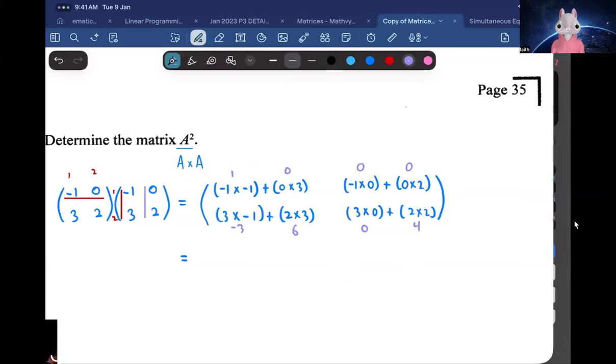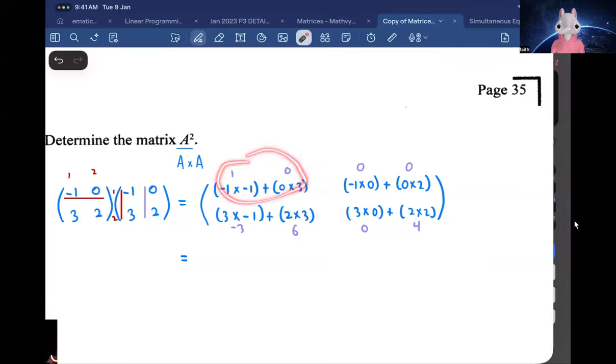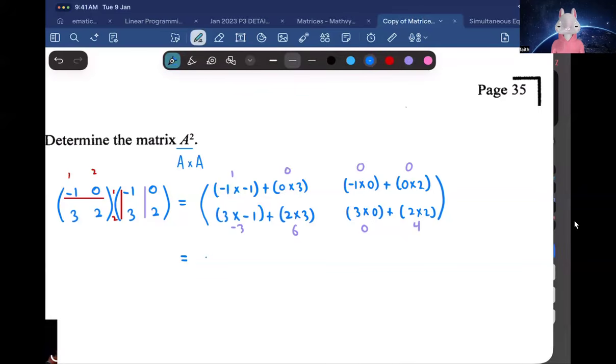Right. So now what is 1 plus 0? 1. Right. What is 0 plus 0? 0. -3 plus 6. 3. Right. 0 plus 4.